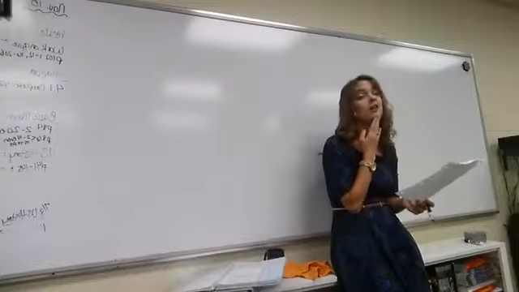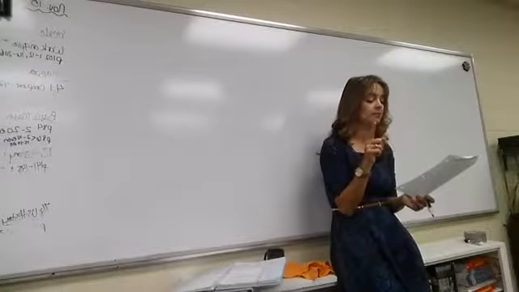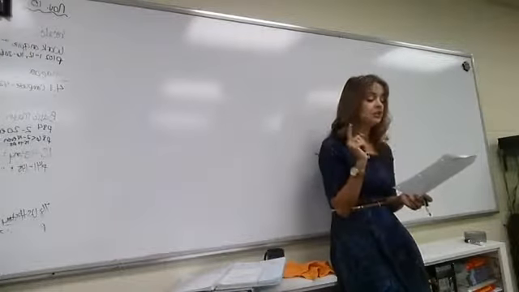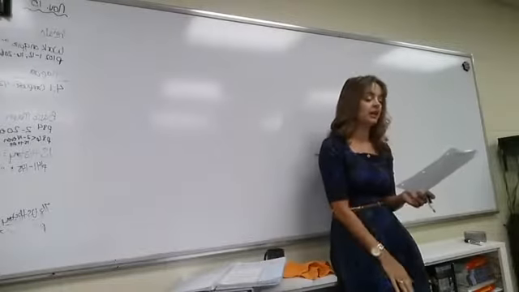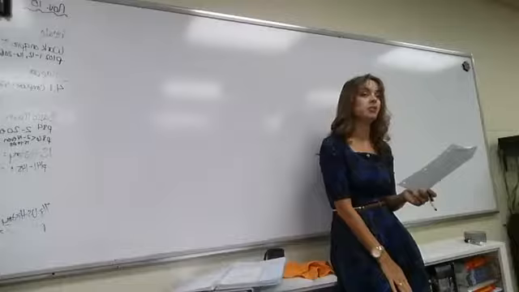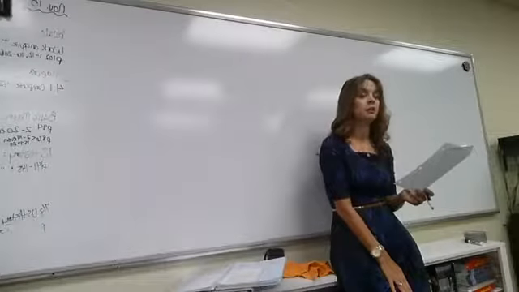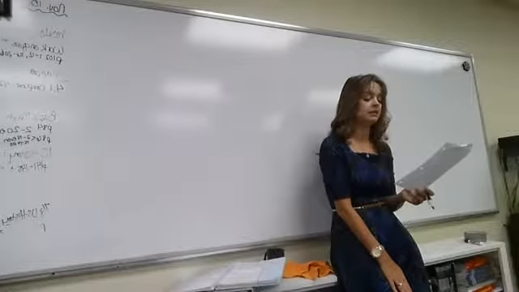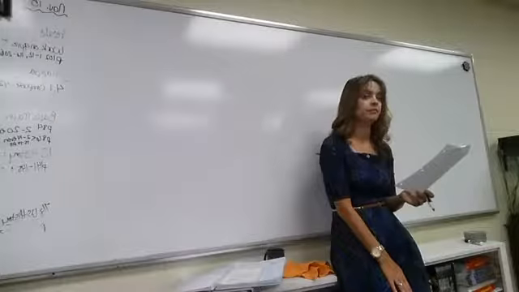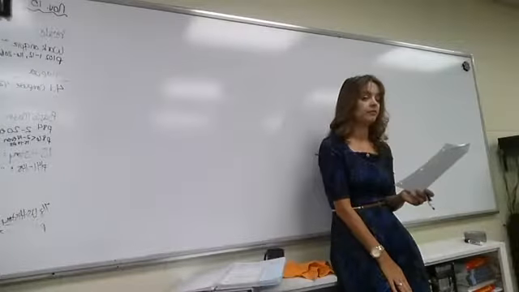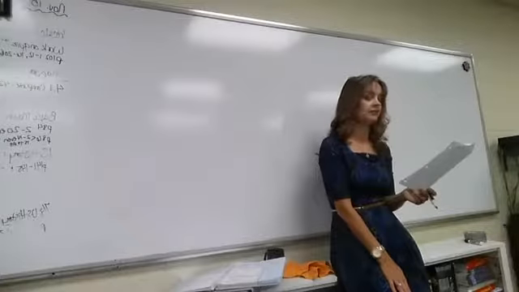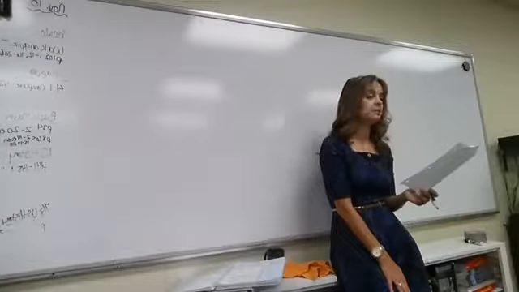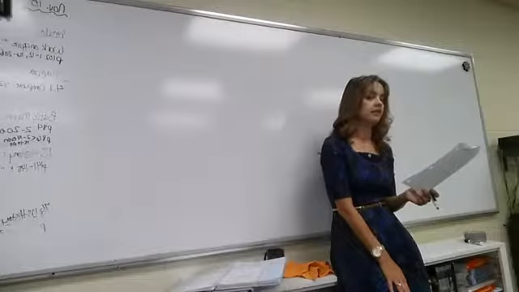Okay, for question number 2, I want you to write down these page numbers. Write down page 53 and write down the term undefined slope. We're going to look at it in just a minute, but I want you to write these things down first. The second thing I want you to write down is page 55, forms of lines.